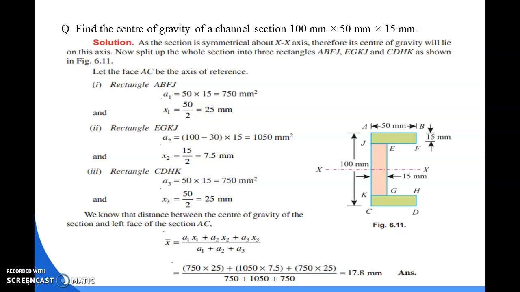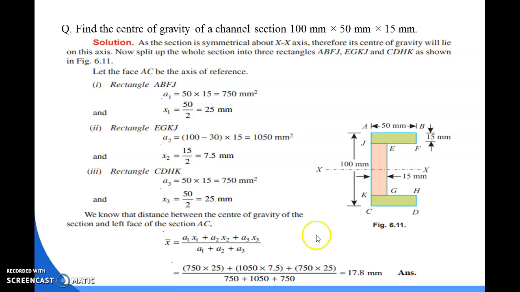So today we will start with a numerical of channel section. So here is the problem. The problem is find the center of gravity of a channel section 100 mm into 50 mm into 15 mm.